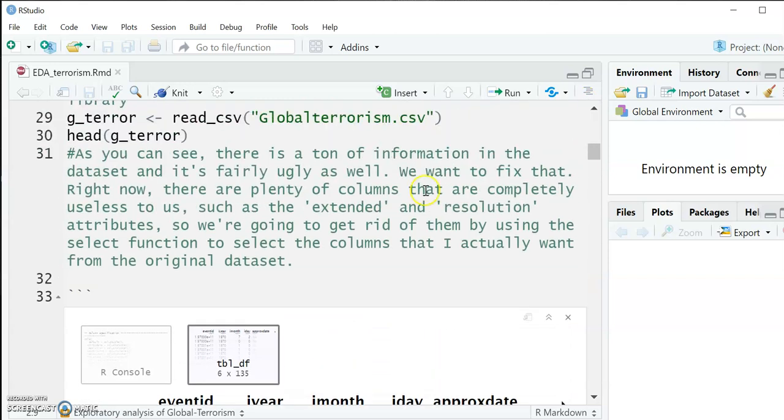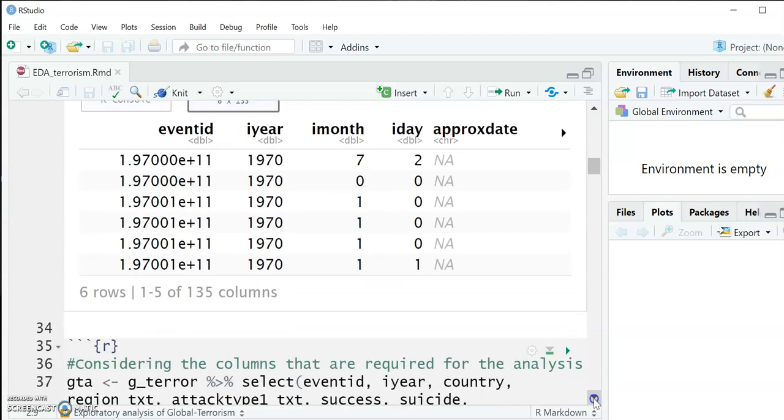So what we can do is actually filter some of the columns which are required for the analysis, because if there is too much data and unwanted data in the data set, it's better to get rid of it.